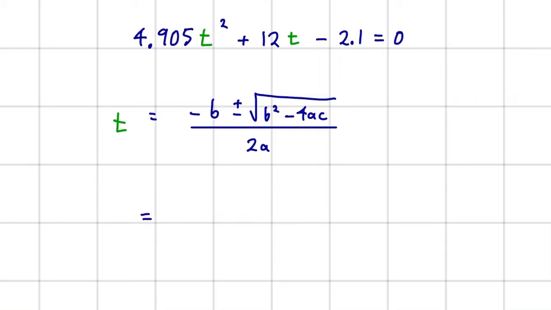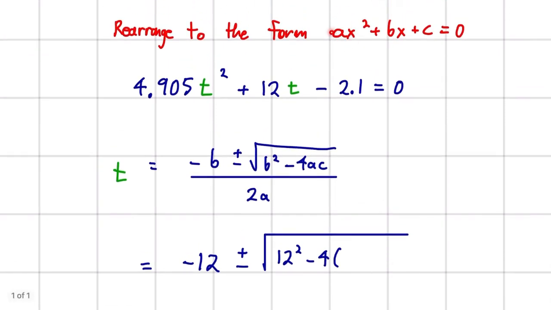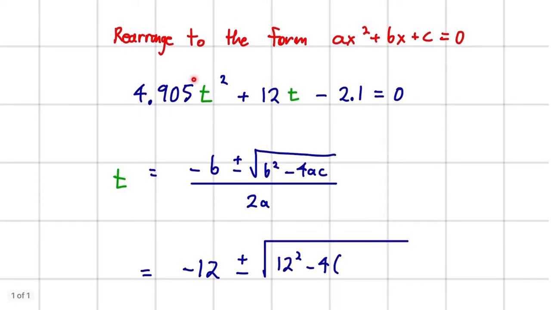So it's equal to negative b. Our b is 12, so it's going to be negative 12 plus or minus the square root of 12 squared, minus 4 times our value for a, looking at this form here, 4.905, and then for c, negative 2.1.